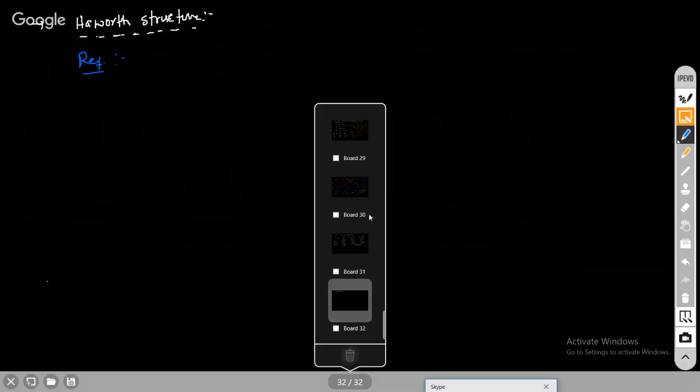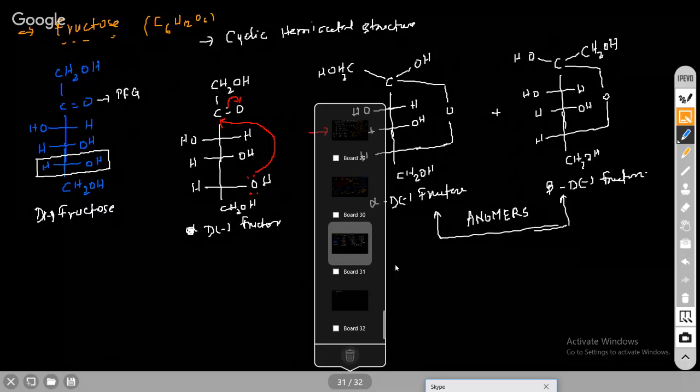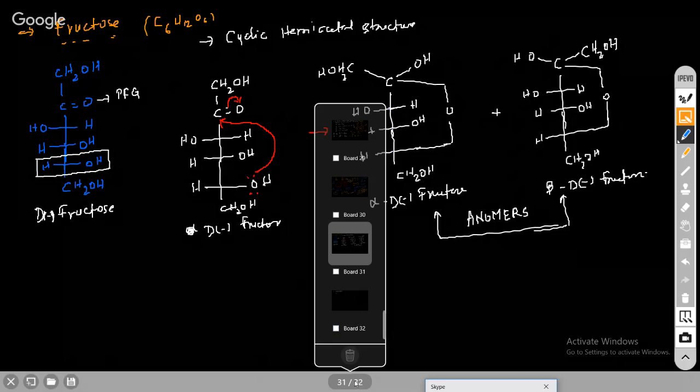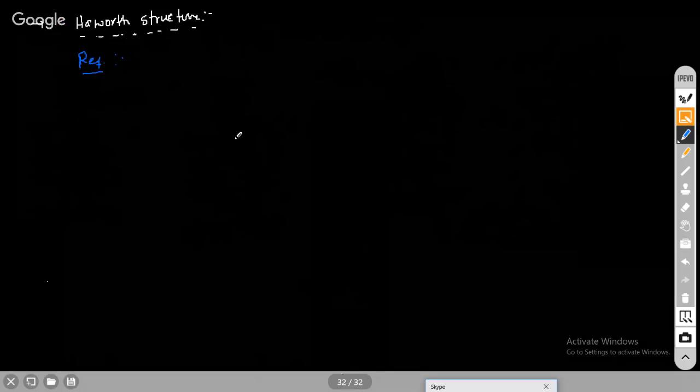You see here, the ring that you get here contains a 5-membered ring, right? 1, 2, 3, 4, and the 5th is this oxygen. This is a 5-membered ring, right? So we require a 5-membered compound, and that's why the reference compound in this case is furan. Okay, and the structure of furan is this.